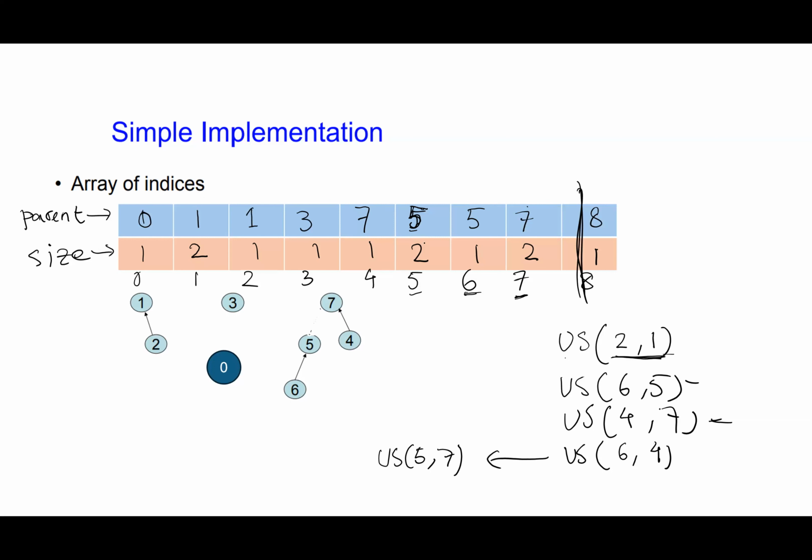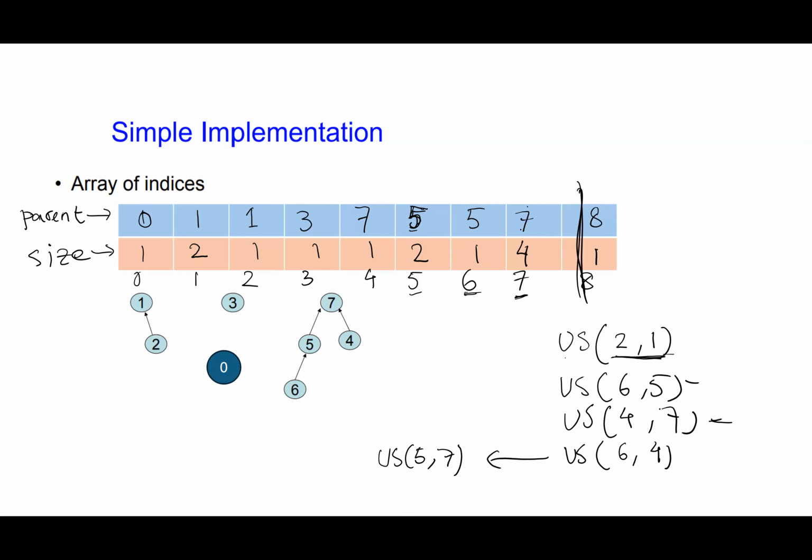Now we see the size of 5 is 2 and size of 7 is also 2. That means we have to just break the tie arbitrarily. So we do this, and now you see the tree represented by 7 has a size of how much? 4. Do you see that?